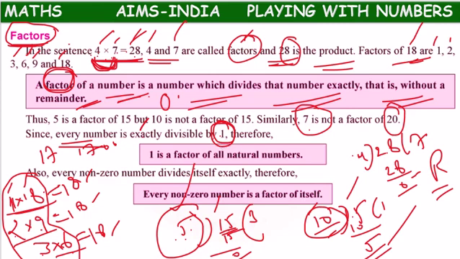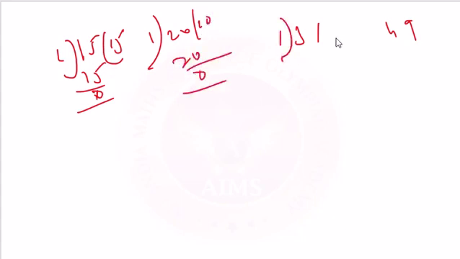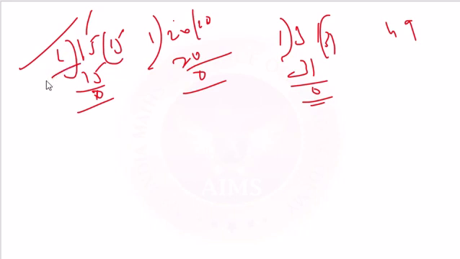You can take any number: 15, 20, 31, 49. 1 times 15 is 15, remainder 0. 1 times 20 is 20, remainder 0. Dividing 31, 1 times 31, remainder 0. This means any number can be divided by 1.